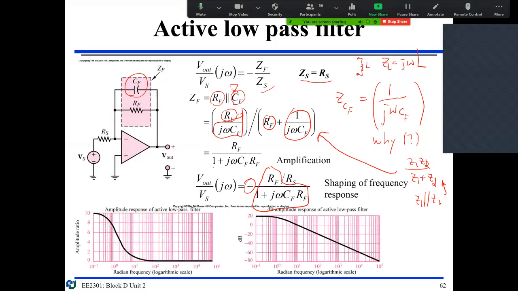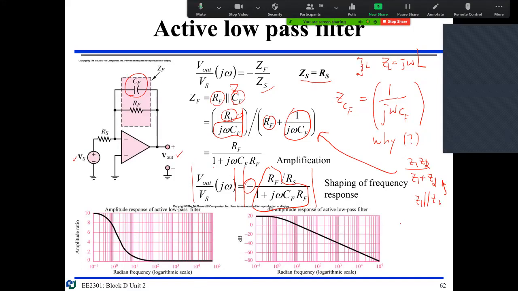So that means the ratio, so these are all complex numbers, right? This is a complex number, this is also a complex number, okay? But if I just do magnitude, then the minus sign doesn't matter anymore.